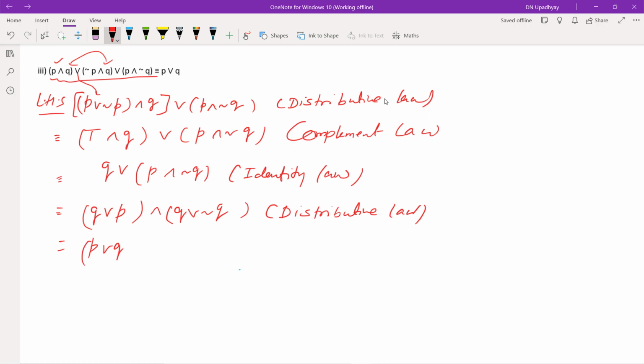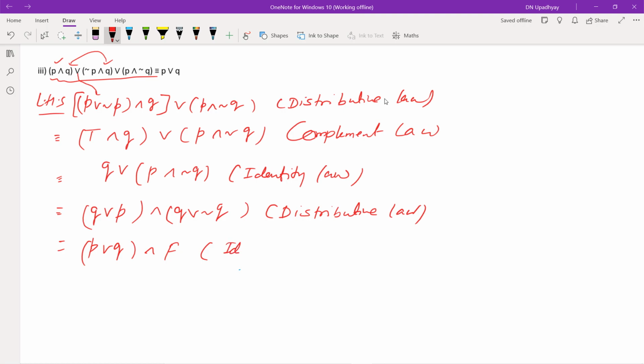Because we have to change according to right hand side. So this is P or Q or P, or we can write here P or Q as well by commutative law, and by complement law it will be only F.